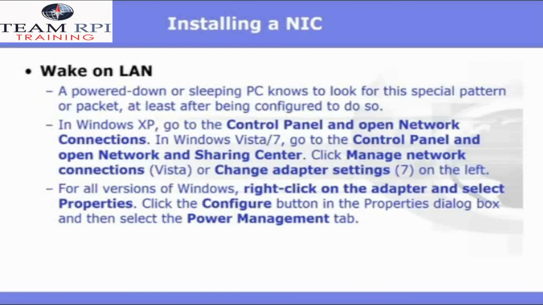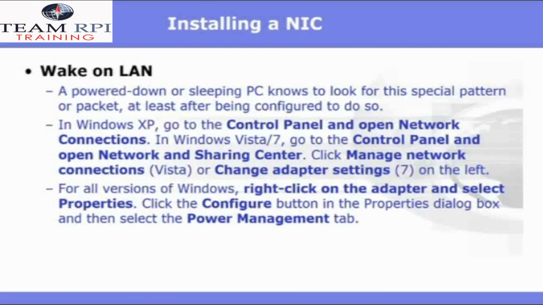To configure this in Windows XP, you'll go to the Control Panel and open Network Connections. In Windows 7 and Windows Vista, you go to the Control Panel and open Network and Sharing Center and click Manage Network Connections for Vista and Change adapter settings for Windows 7. Next is the same for all Windows versions.